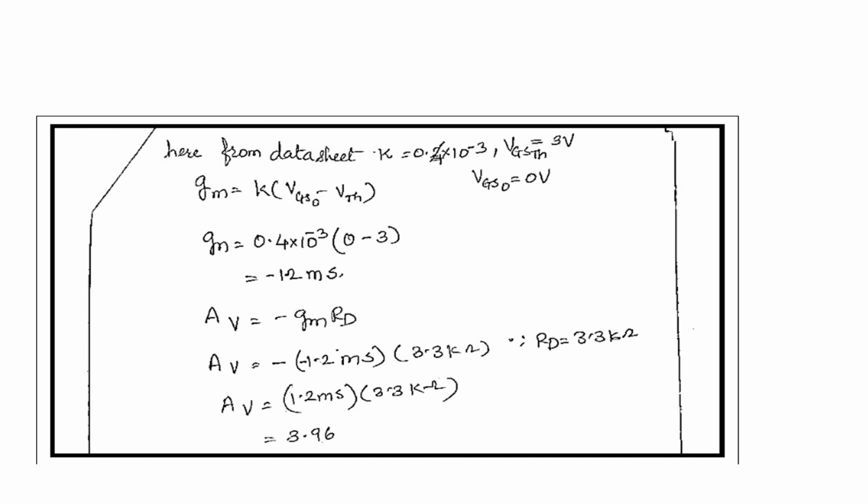Voltage gain, calculate gm RD. It comes out to be, it should be negative, minus 3.96.